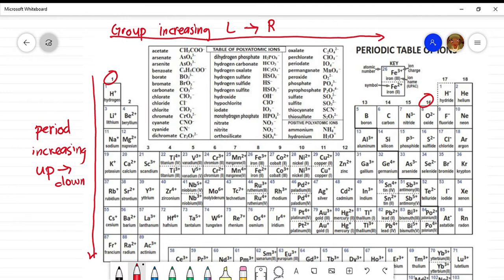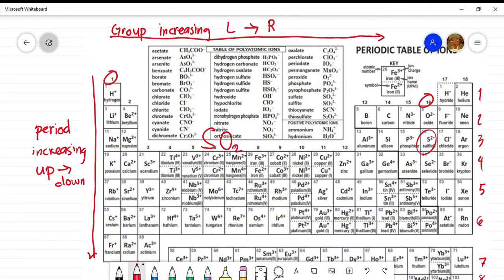So in this case, sulfur is in period 3, oxygen in period 2. So 3 is greater than 2. So S, sulfur, is written first, followed by the lower period number, oxygen.